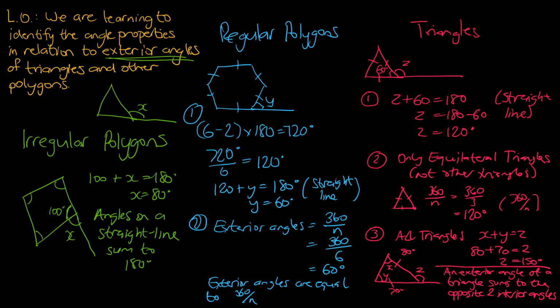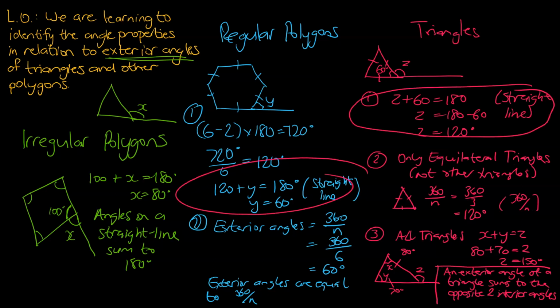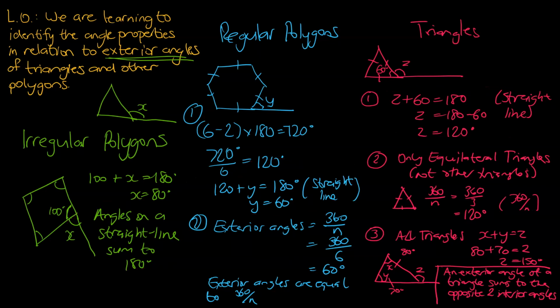So even though that's a long sentence, that's something we can copy down and use every time we apply this rule. So that applies to all triangles, but just to note, the one above only applied to equilateral triangles because that was a regular polygon. And we found out that we can apply that straight line rule to actually any type of polygon to find the external angles.